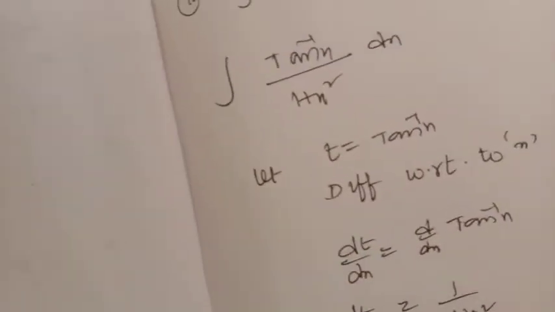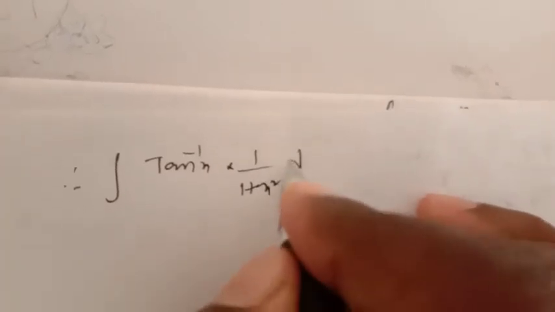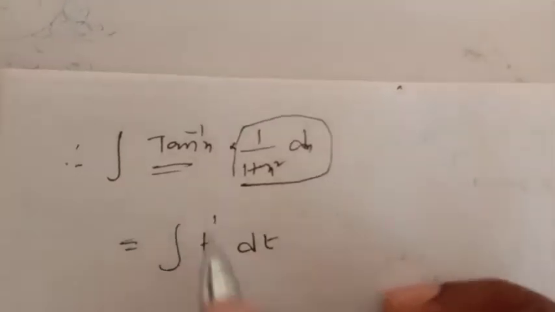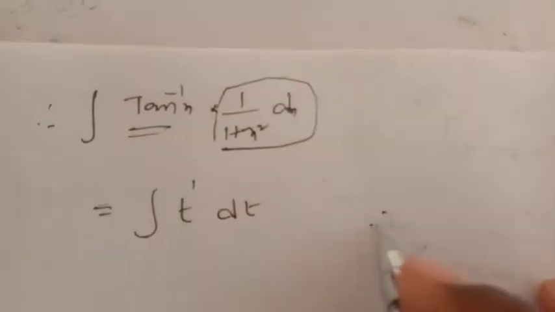Substitute these values in given problem, that equal to integral tan inverse x into 1 by 1 plus x square into dx, that equal to, here we have tan inverse x equal to t and 1 by 1 plus x square into dx equal to dt. Here we have t to the power of 1.